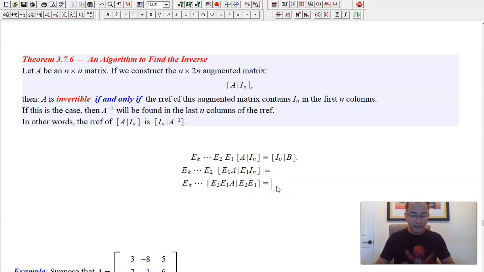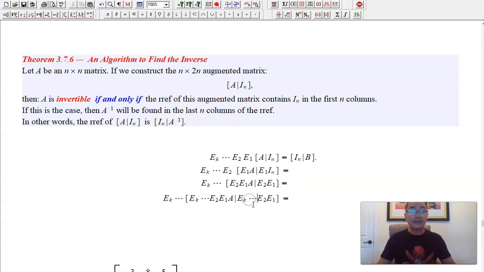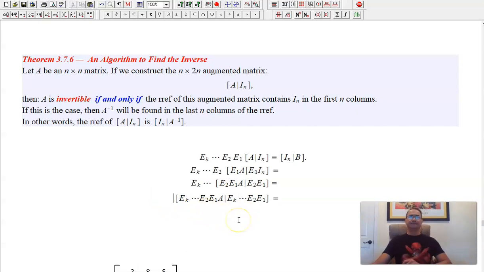All right, and then we keep going, we keep going, we keep going until we have multiplied every matrix into our augmented matrix. Okay, so that is gone. Okay, so now we have this huge augmented matrix equal to this augmented matrix.